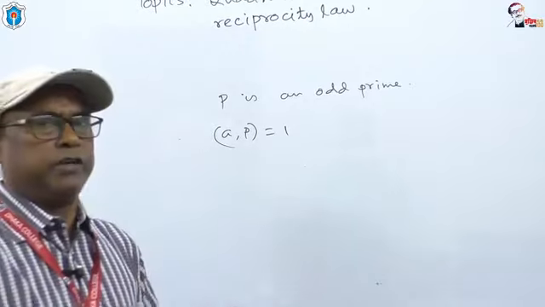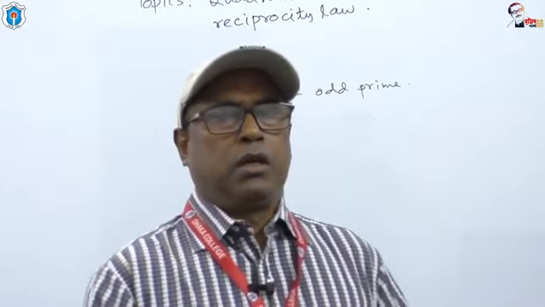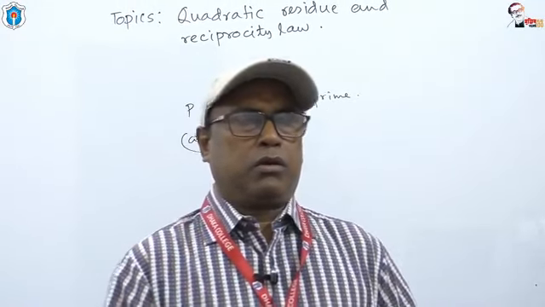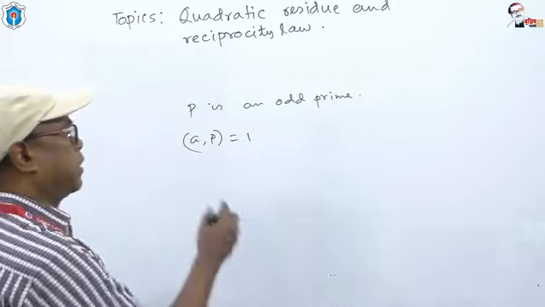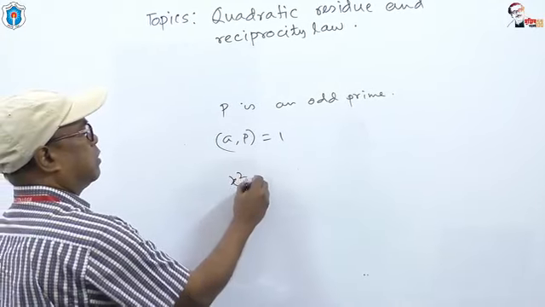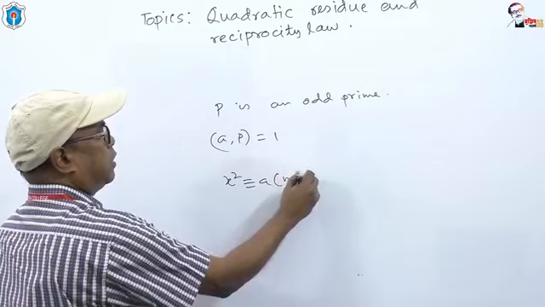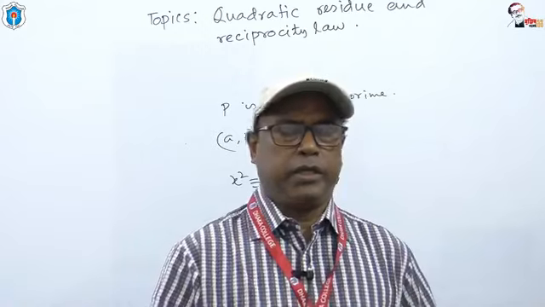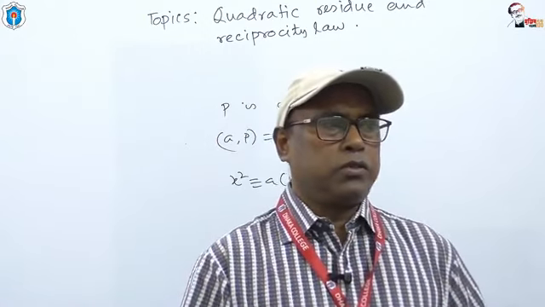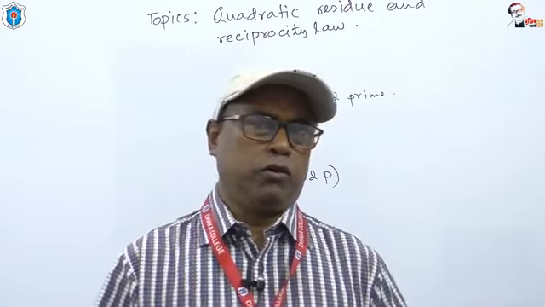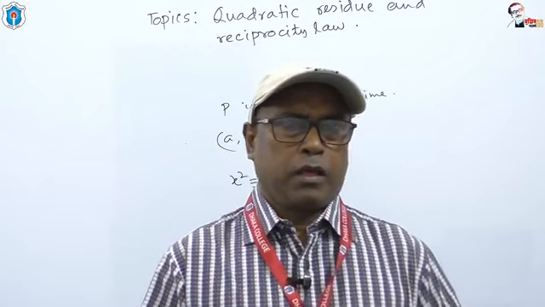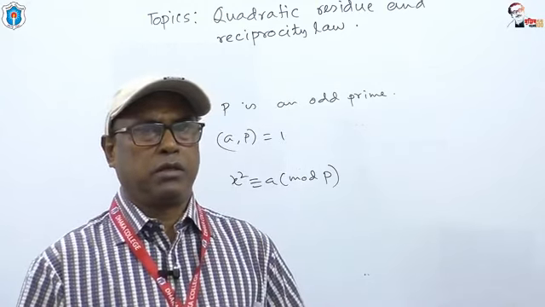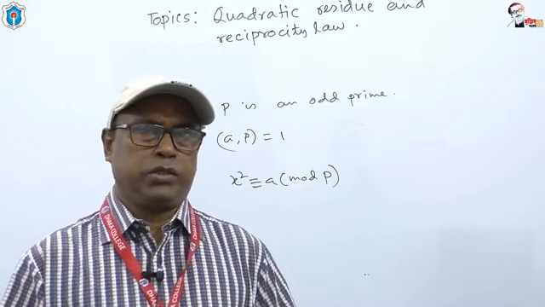We denote it by (a,p) equal to 1. And if the quadratic congruence x square congruent to a mod p has a solution, then we say that a is quadratic residue modulo p. If the quadratic congruence has no solution, we say that a is quadratic non-residue modulo p.